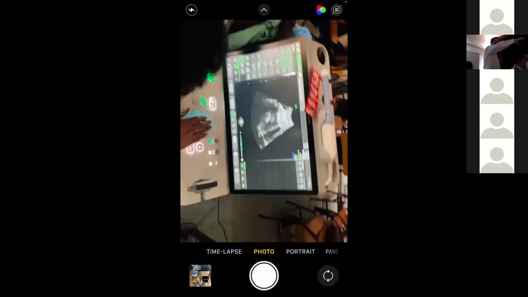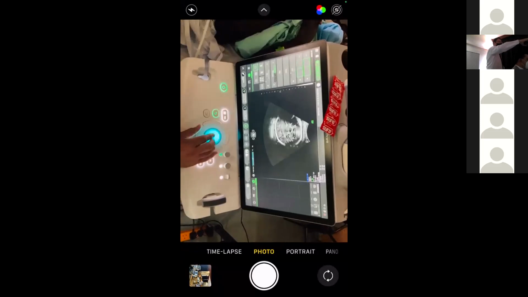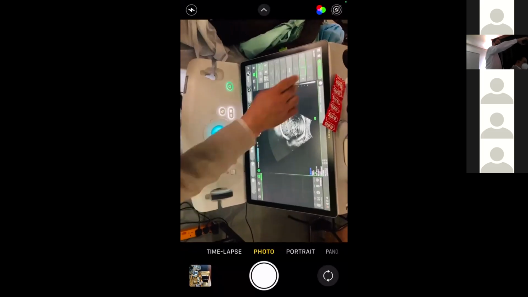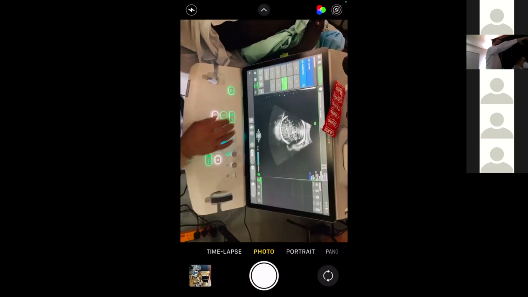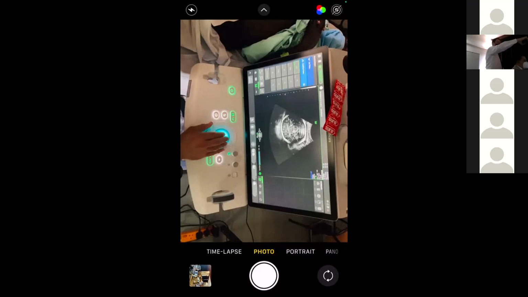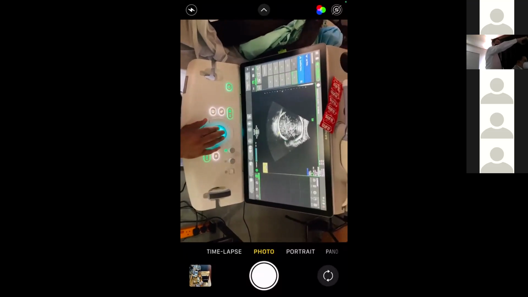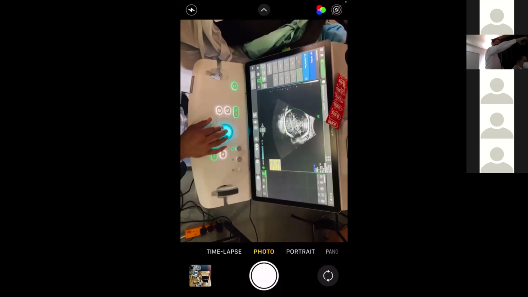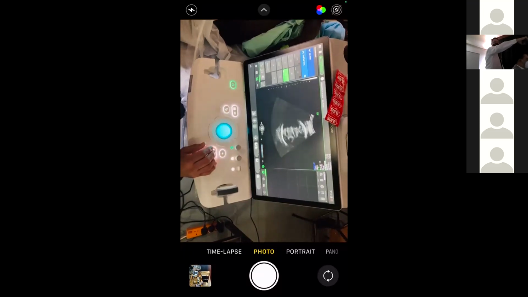Let me do the fetal biometry. So here is the baby's skull. I'm going to measure the baby's head measurements. I'm going to do the middle cerebral artery Doppler since I'm in that area and it's easy to do so.